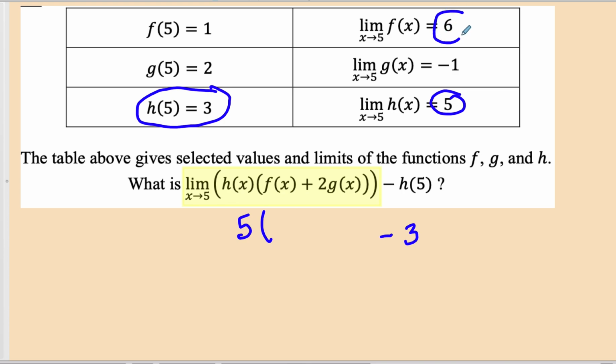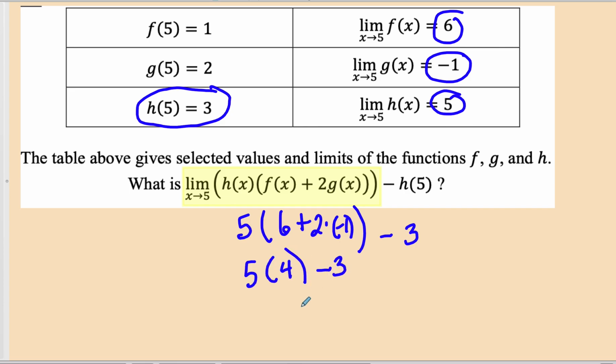Then for f, it'll be a 6, plus, here's our constant, times approaching g, x approaches 5, g will approach -1. And so we're going to use PEMDAS here, so that'll be a 4. And then the answer is 17.